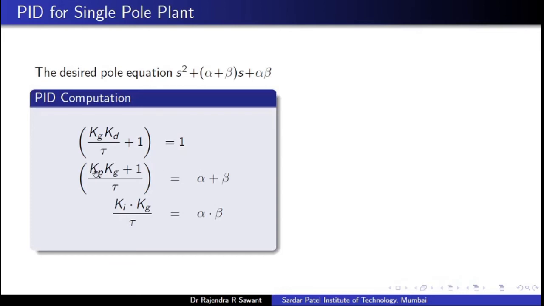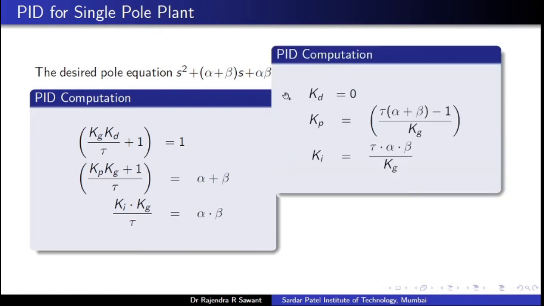Now from these expressions one can easily calculate Kp, Ki and Kd. From the first equation one can calculate Kd, from the second expression Kp, and from the third expression Ki. So we got these equations by comparison: Kd equals 0, Kp equals this term, and Ki equals this term.